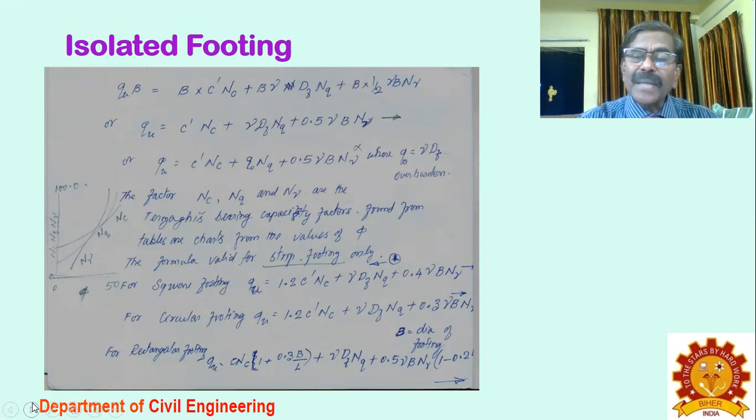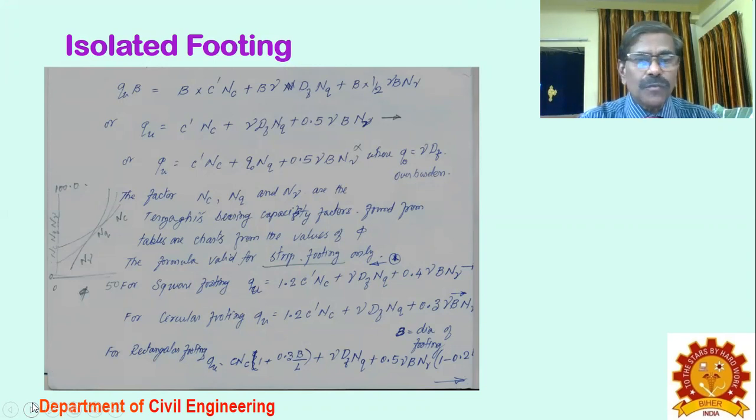Because this bearing capacity equation is valid for an infinitely continuous footing, when it is to be applied to a discrete footing like a square footing, circular footing, or a rectangular footing, some empirical modifications are made over and above this formula.